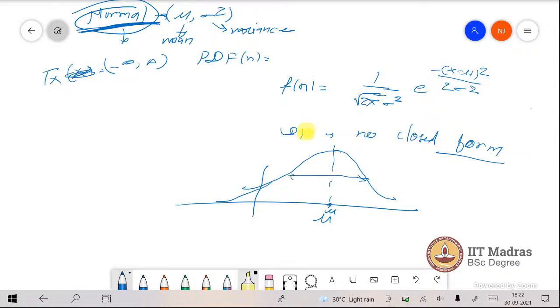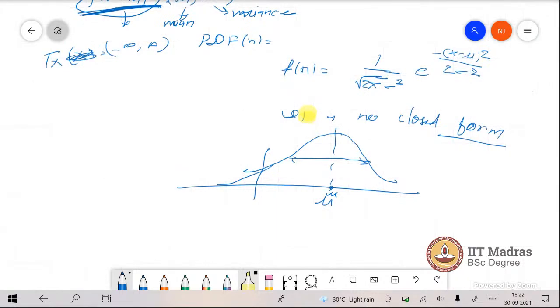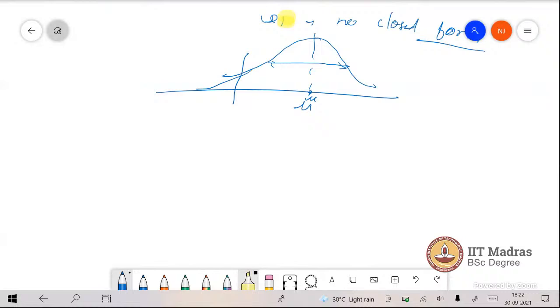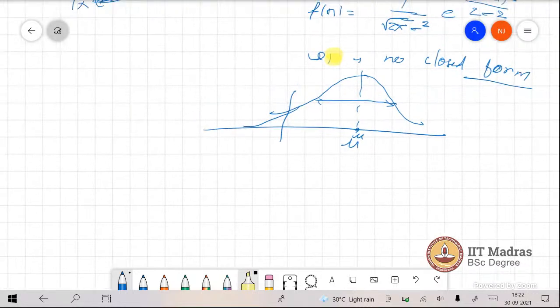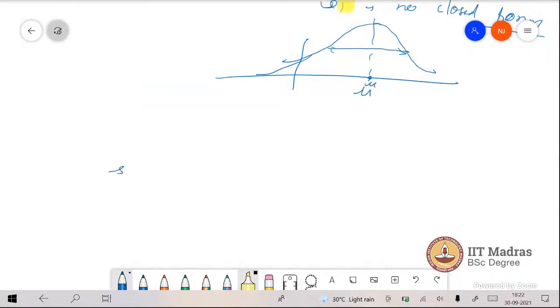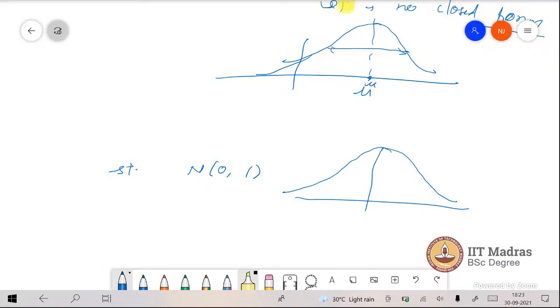This symmetric property is a very handy property. First, let me define the standard normal distribution. The standard normal distribution is the normal distribution with the mean 0 and the variance 1. So the curve of the normal distribution looks like this. It will be symmetric around 0, right?